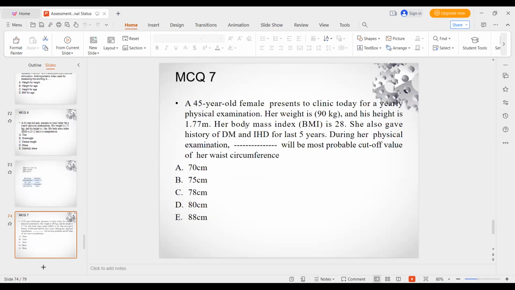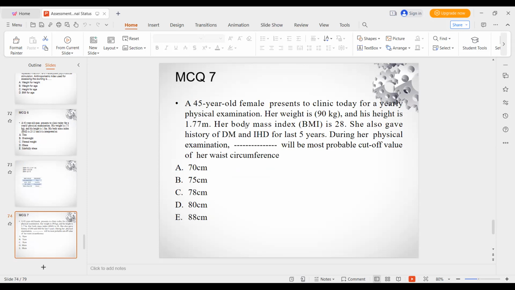MCQ number 7. A 45-year-old female presents to clinic today for a yearly physical examination. Her weight is 90 kg and her height is 1.77 meter. Her body mass index is 28. She also gave history of diabetes mellitus and IHD for last 5 years.